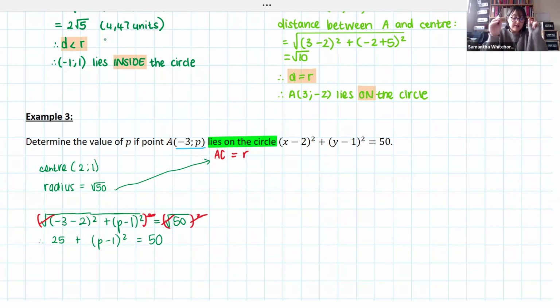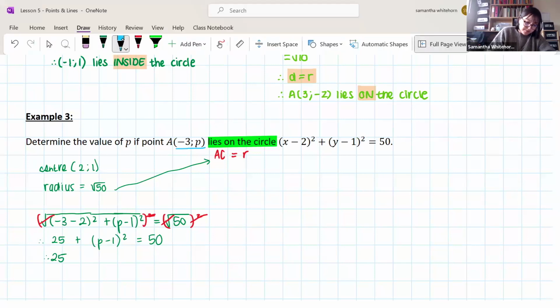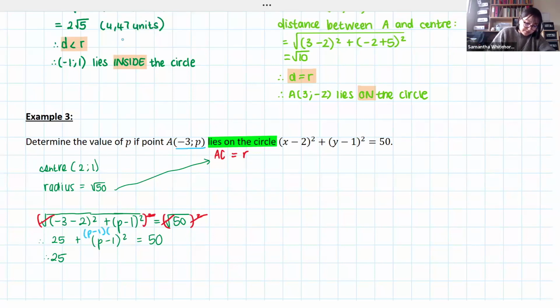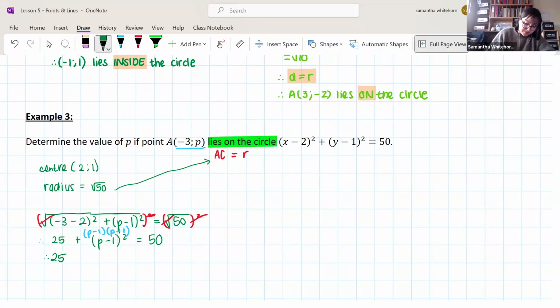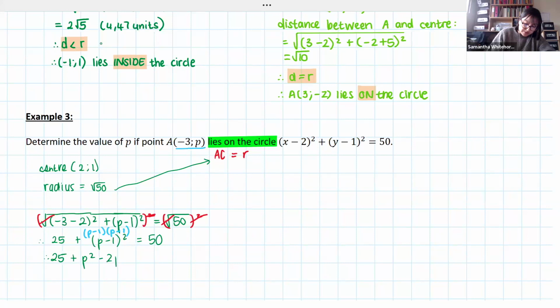That's it. The next thing that we do is we distribute this bracket. So remember, this bracket is a binomial times a binomial. So it's (p minus 1)(p minus 1). So I just distribute that, giving me p² - 2p + 1. And because of that p squared, I have a trinomial. So p² - 2p, 25 plus 1 is 26.